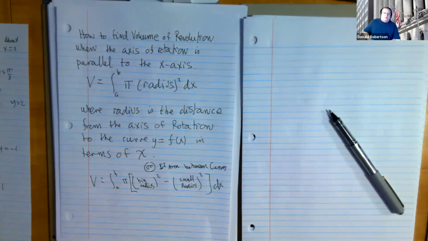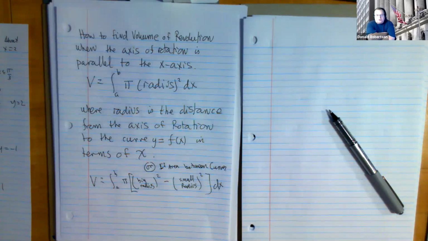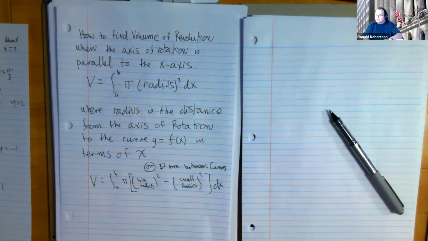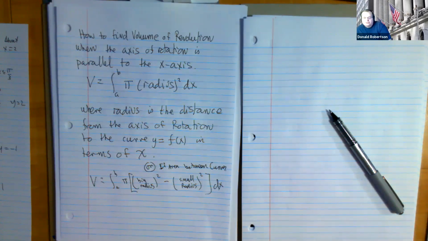How do you find the volume of revolution when the axis of rotation isn't the x-axis, your horizontal axis, but a line that's parallel to it, like y equals 2, or y equals 4, or y equals -2? That's the new puzzle. How do you do that?